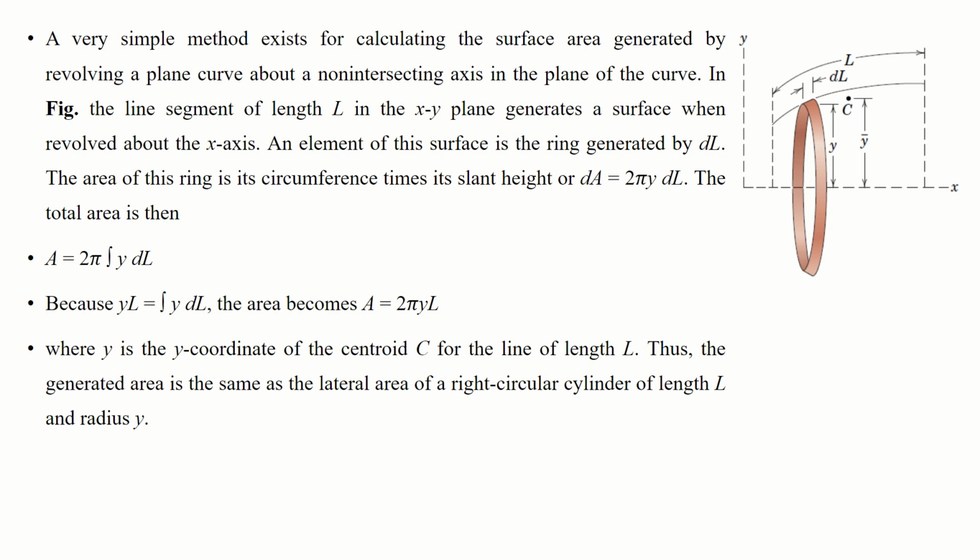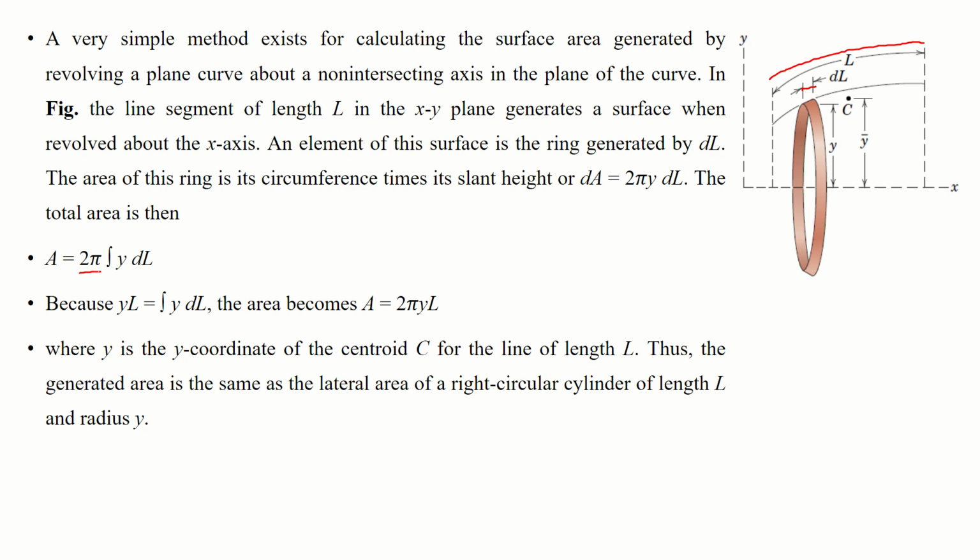The simple theorem is we can take a small slice of a ring, or small slice of length dL along a single chord, which is shown. Now this chord is rotated about the x-axis. As a result, this forms a smooth ring, and we can find the area of this ring as presented here.